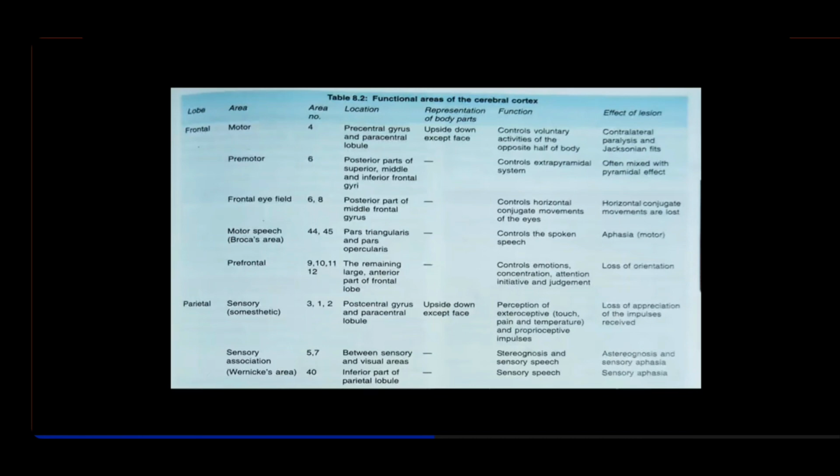That was the supplementary motor area present on the medial frontal gyrus, and it was controlling the bilateral, sequential activities. That area has a representation of the body parts, but they haven't shown any representation here, and they have not written about the supplementary motor area.